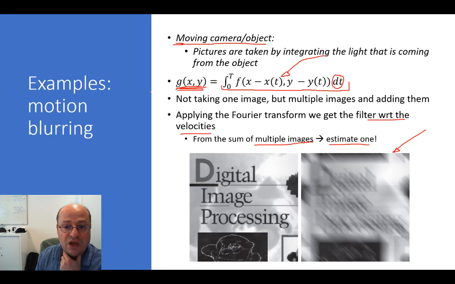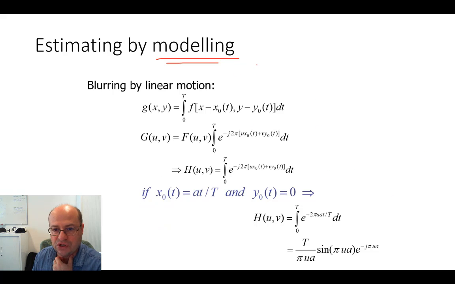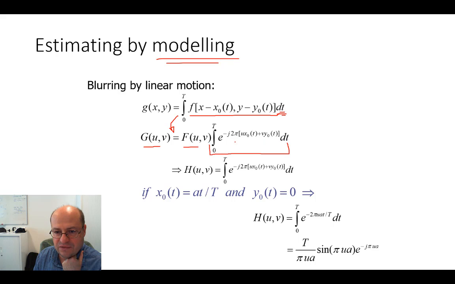So, for instance, assume that we have this kind of motion, this kind of movement. That's the kind of picture that I take all the time. You know that's a linear motion, and the result is a sum, an integral, of various pictures taken at an interval of time, right? So I can apply a Fourier transform, getting this, where this is the Fourier transform of my motion, and this is the linear motion.